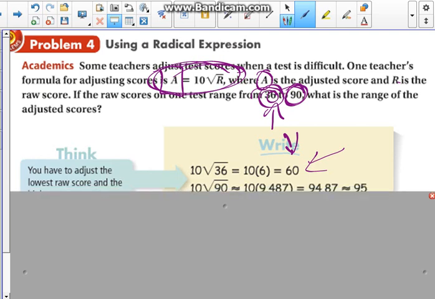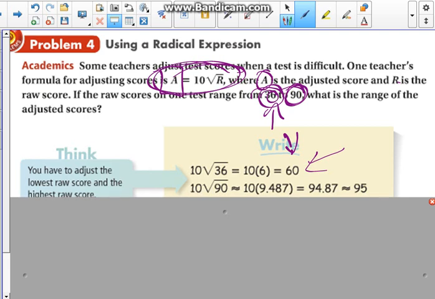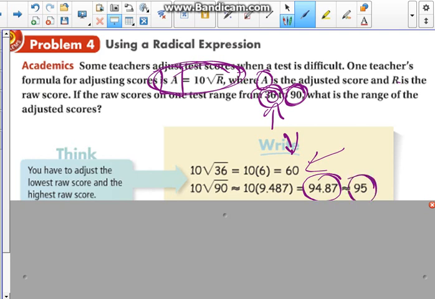And then the high score was 90, so 10 times, I'm sorry, radical 90 is about 10 times 9.487, which comes out to about 94.87, around a 95 when you round it.